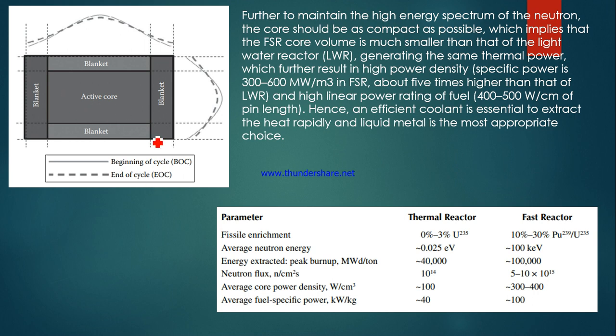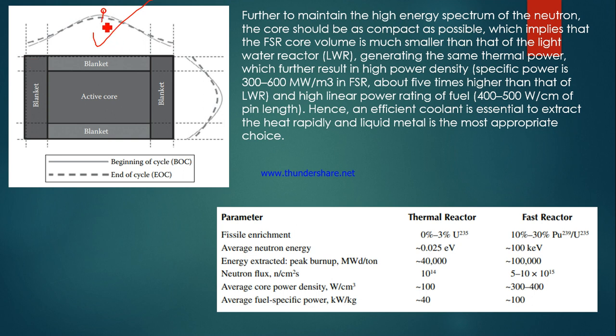This graph represents the energy distribution in the active core and the blanket at the beginning of the cycle and the end of the cycle. Normally from the blanket, it will gradually increase and become the same as the active core.